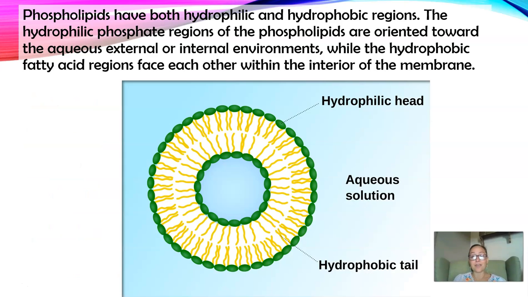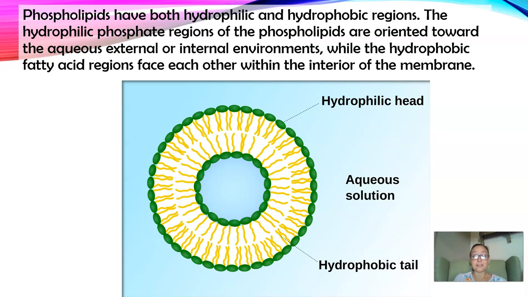So when we talk about a lipid bilayer, the reason it is a bilayer, or two layers of these phospholipids, is because the inside of the cell is aqueous, or a watery environment, and the outside of the cell is also aqueous.